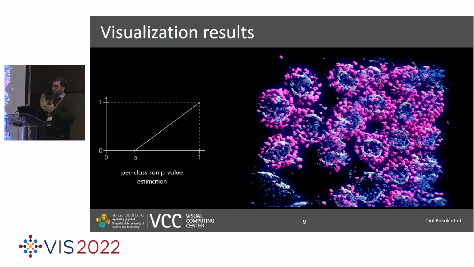About our visualization step, we automatically estimated the transfer function parameters. The transfer functions that we used in our visualization pipelines are simple ramp functions, where the right side of the ramp was always linked to value 1, but the left side was automatically estimated with a per-class adaptive thresholding.